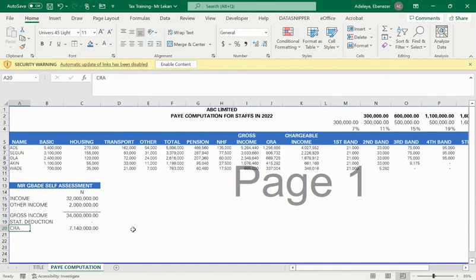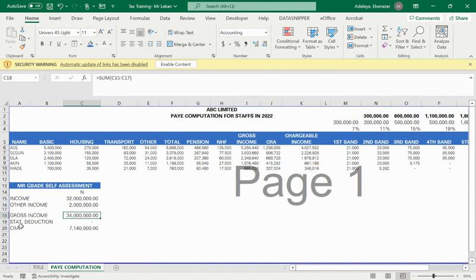don't forget that for the purpose of computing our CRA, we have to first of all remove our statutory deductions before we arrive at our CRA. Like we did here, that is the major reason why we computed our gross income. So in this case, this is our gross income.